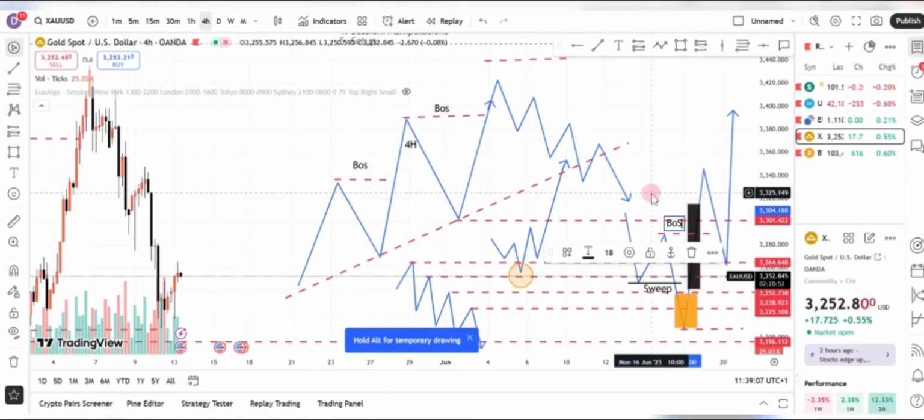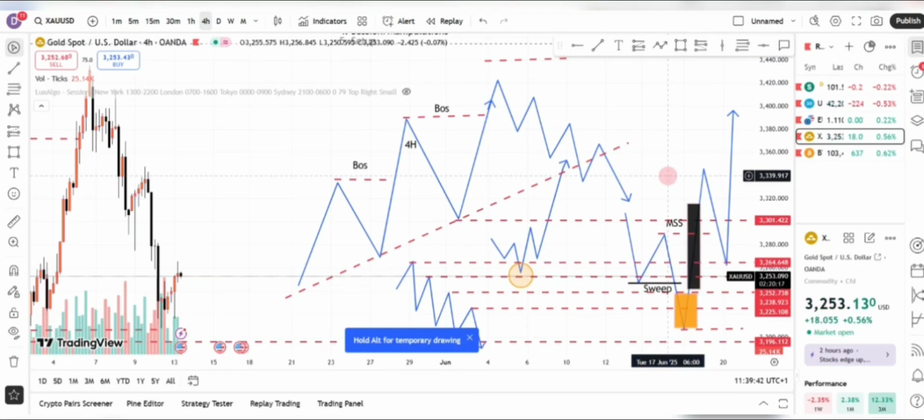If this BOS happens here, I call it, or most people call it, MSS, which is market structure shift, or some people call it COCH, change of character, and there are names like transactional liquidity. It's so many names, right? But what has happened here is that I won't call that BOS. Let me call that MSS.